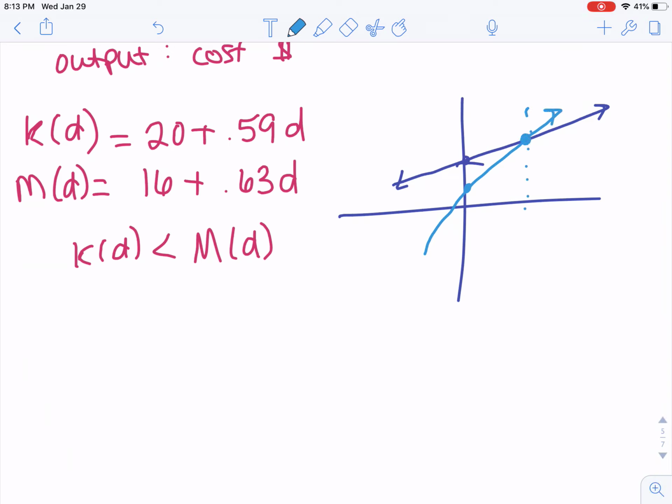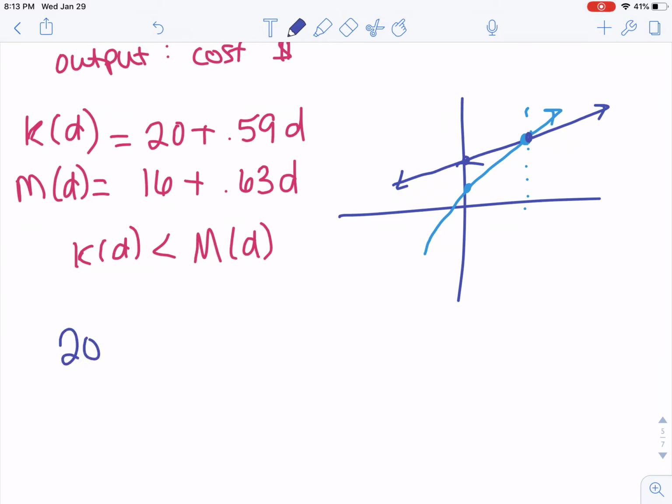And after that mile, the darker blue line, which is K of D, Keep On Trucking, is going to be cheaper than the other one. So we want to know when that point is. What mile is that? How much distance is that? Because then any miles after that, K of D is going to be cheaper. So we're going to find out when they equal each other.